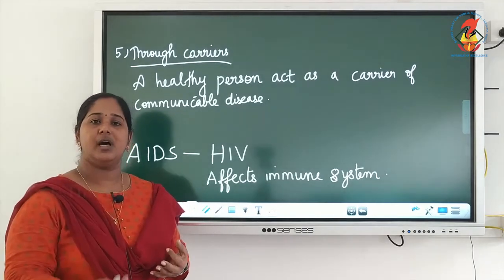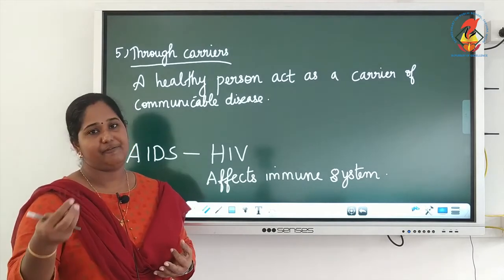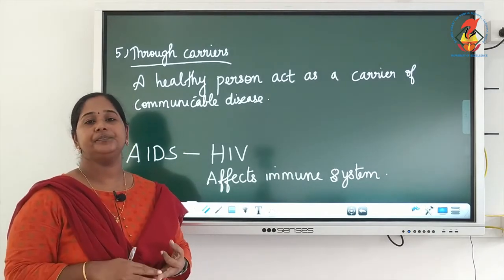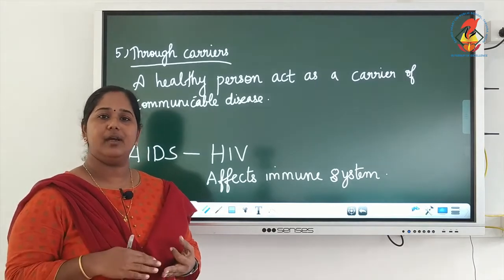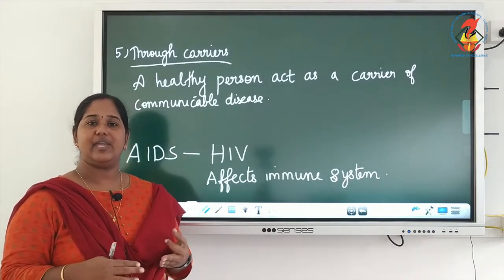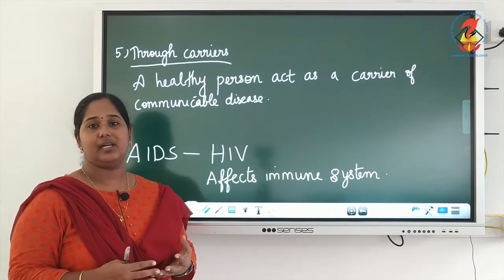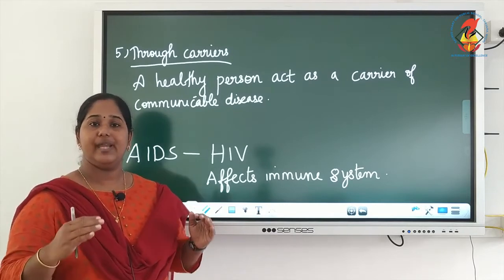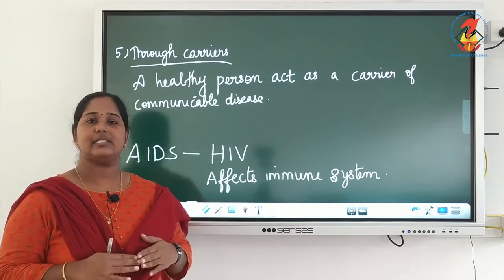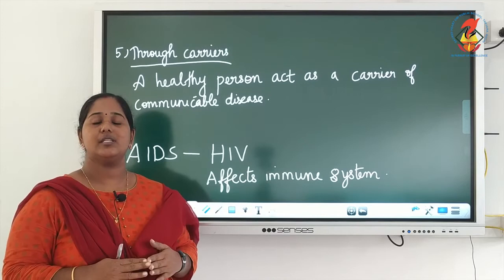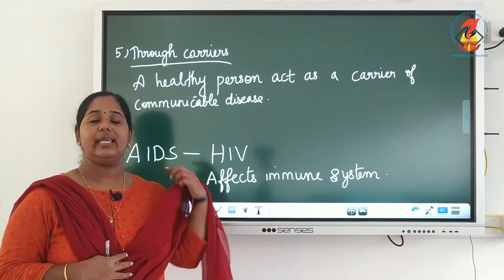These germs can spread into the air and affect other persons. It can be from insects. So to prevent the breeding of mosquitoes or other insects, we have to adopt some methods so that we can prevent the spreading of diseases through mosquitoes or other insects. And the last one is through carriers, that is, a healthy person.